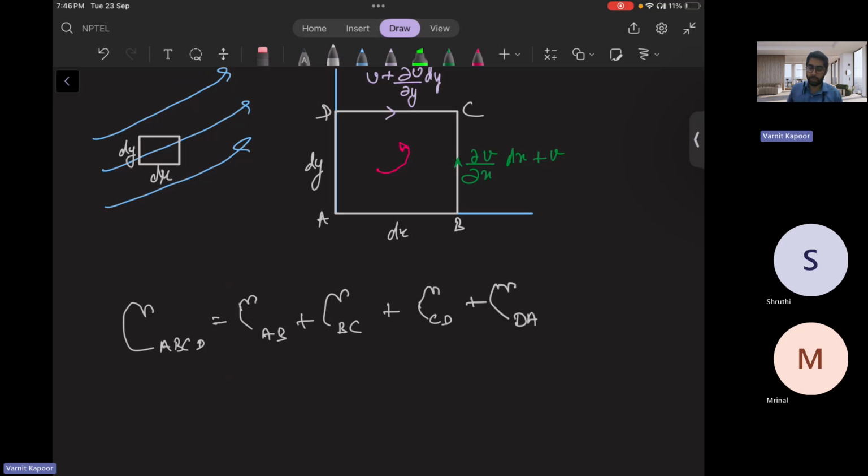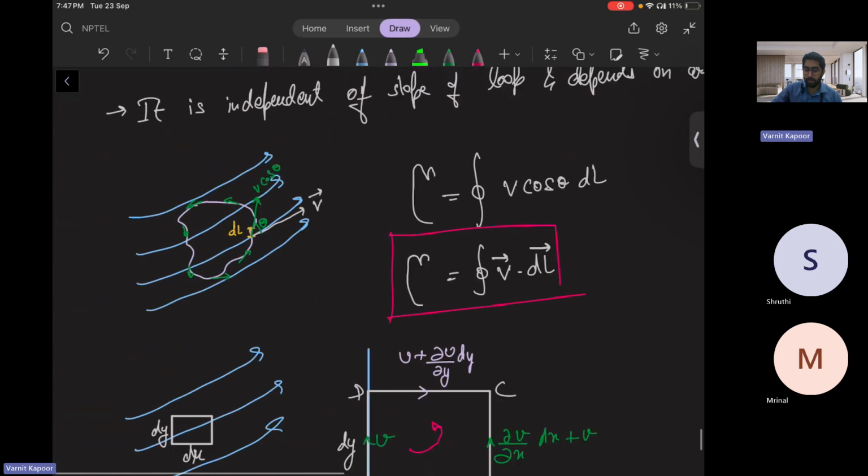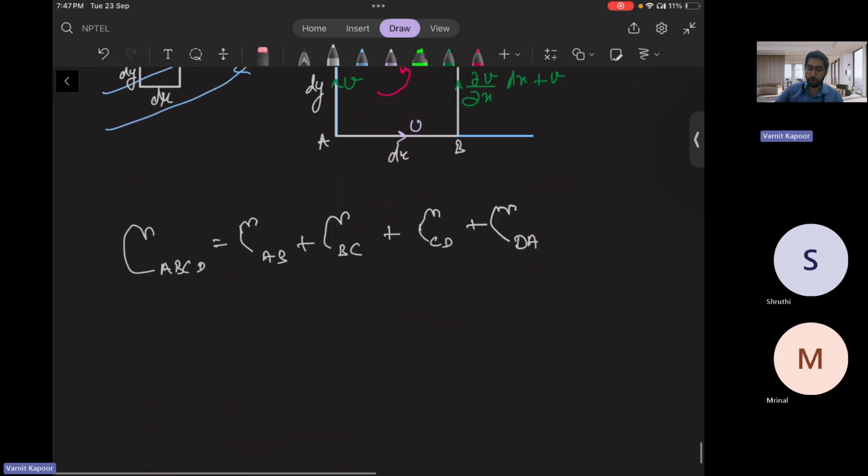For AB, the velocity is u, and velocity and displacement are in the same direction. So my expression is v dot dl or v cos theta dl, so u cos 0 dx. Both are in the same direction, so the angle is 0.